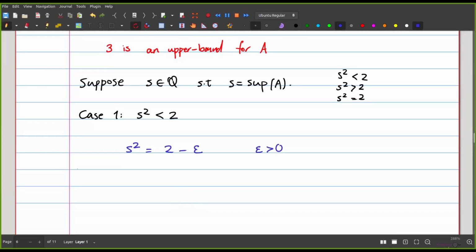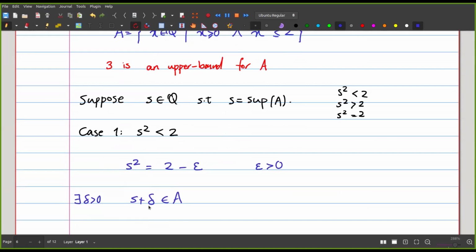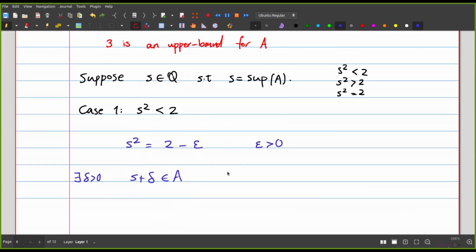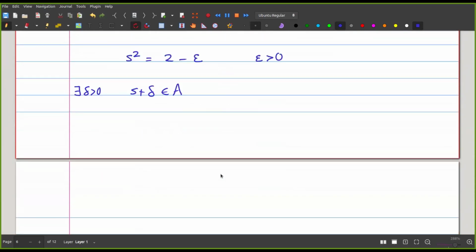So I want to show that there exists some delta greater than 0, such that S plus delta is actually in A. Okay, so this is a number that is bigger than S, and if this number is in A, then S is not an upper bound on A. But when is S plus delta in A? When I have that (S plus delta) squared is less than or equal to 2. This part is, of course, there.